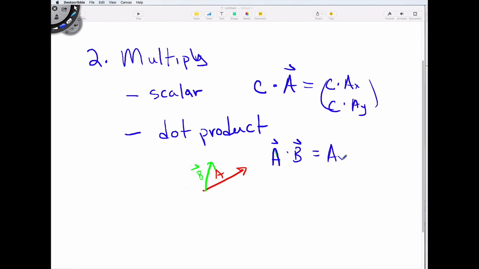So I can say AX BX plus AY BY. And this is effectively giving you a measure of how these 2 vectors are projected onto one another.